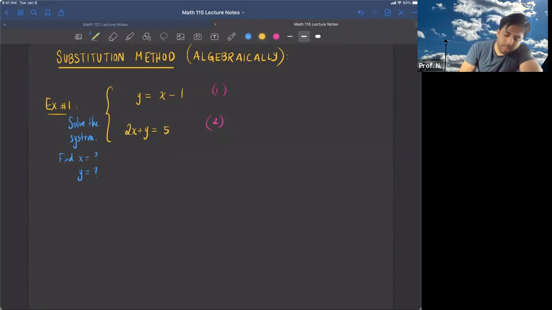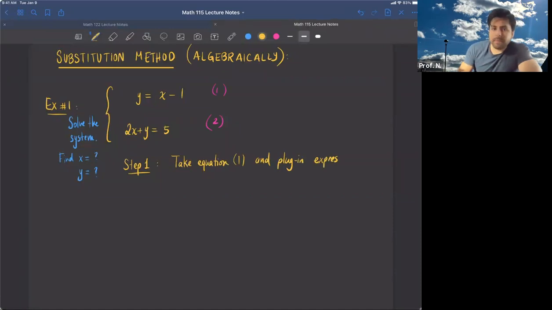So what's the first thing we do? Well, if you notice, in the first equation, y is already solved for. So we're going to take equation 1. We could isolate the y in the second, but I think it's easier just to use the first equation.